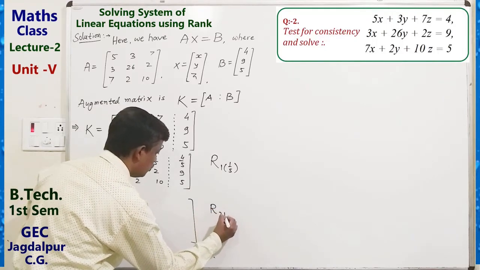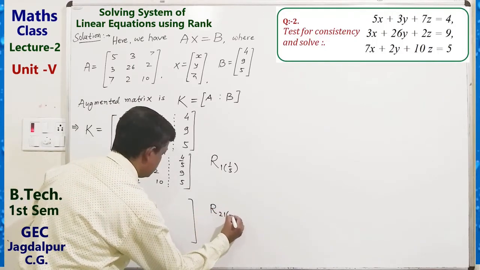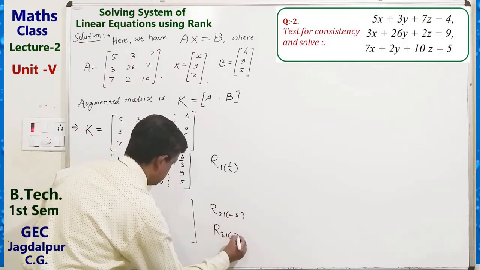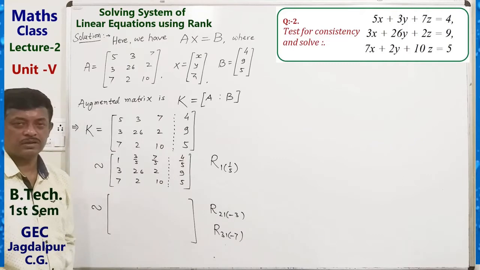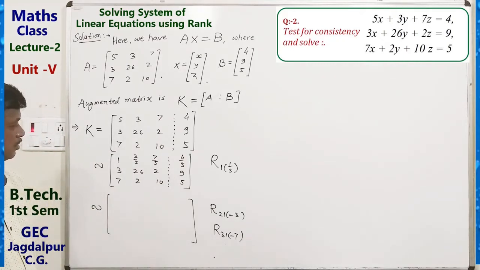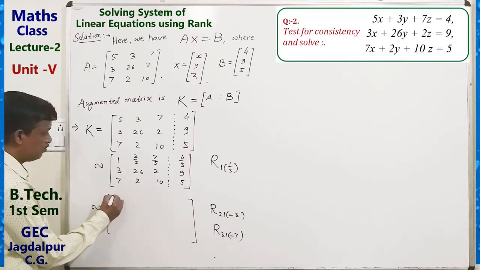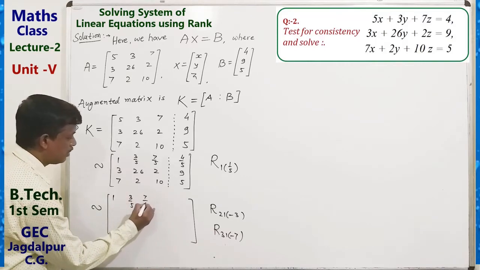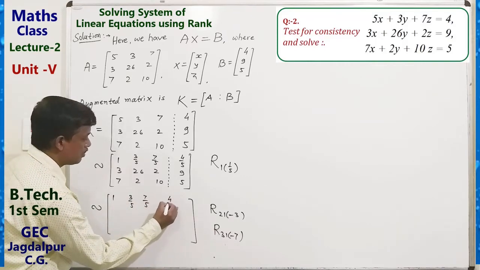R2 minus 3 R1, R3 minus 7 R1. Just we can do like this.